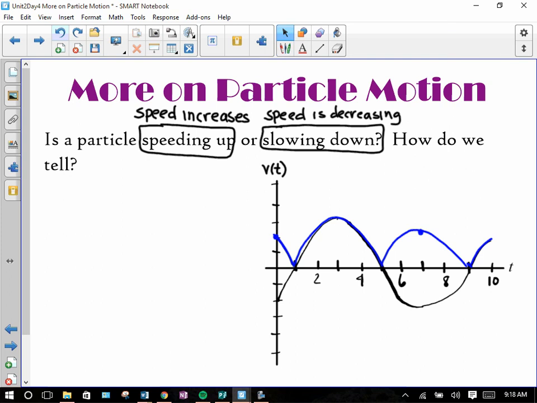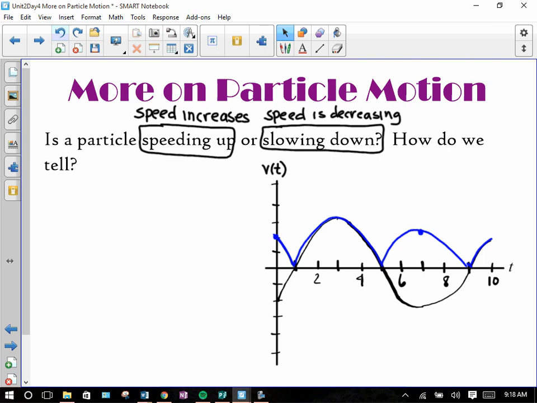So the blue graph is now our speed graph. Does that make sense? All we've done is taken the graph of our velocity and taken the absolute value of each part. Each negative value has now become positive.